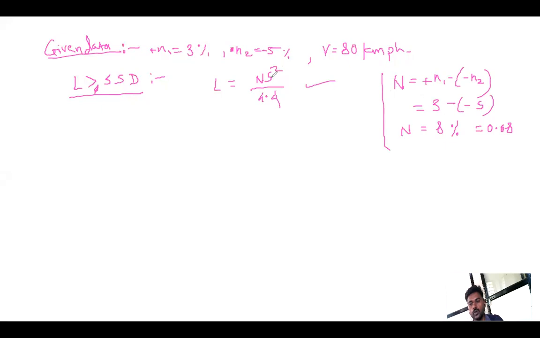What will be the N? Capital N we know. What is S? That is SSD. The only thing we have to calculate is the SSD. And we know SSD is nothing but lag distance plus braking distance.